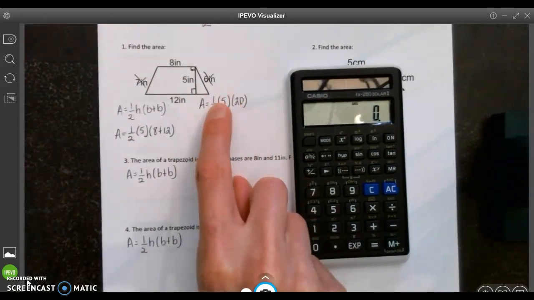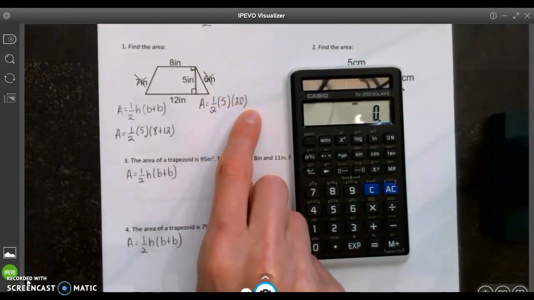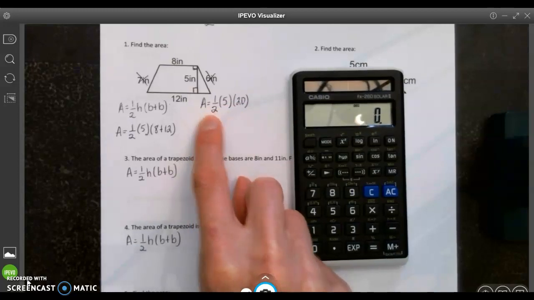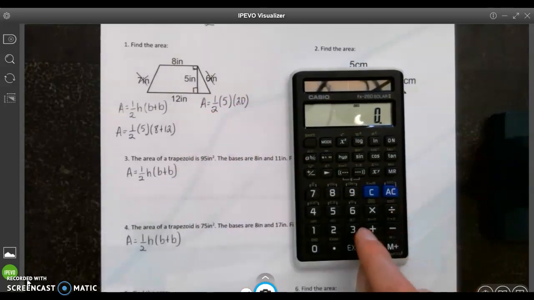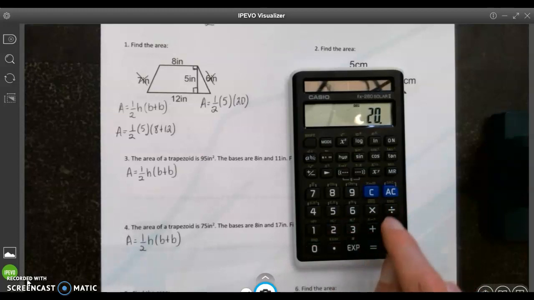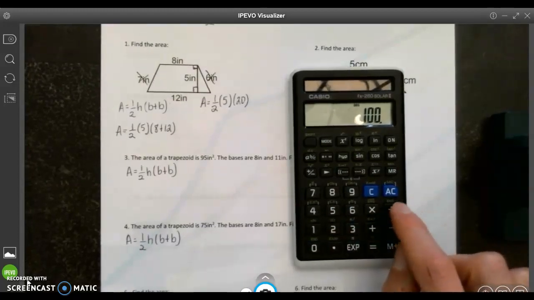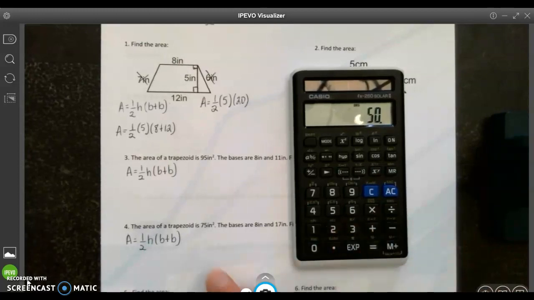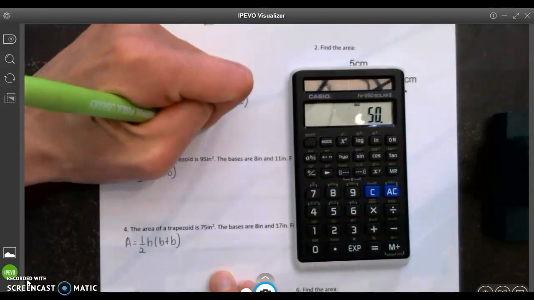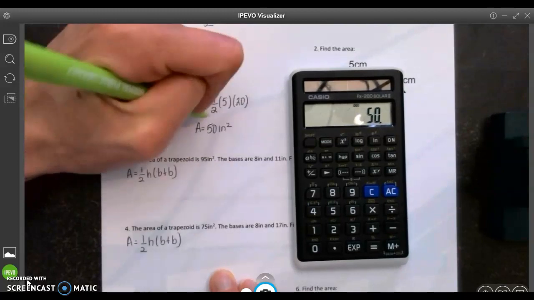So really we have 1/2 the height times the base. And I can work right to left to simplify. So I'm going to take 20 times 5 equals 100, and half of that, so divide by 2, and my area is 50 inches squared.